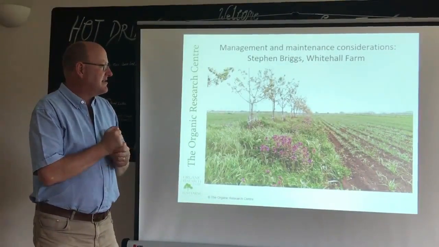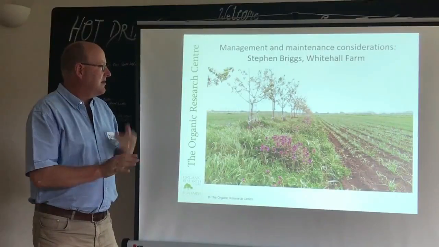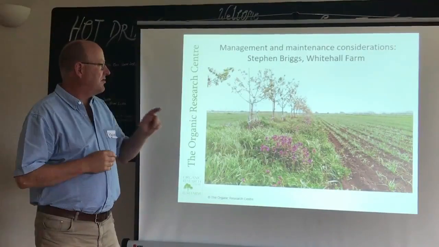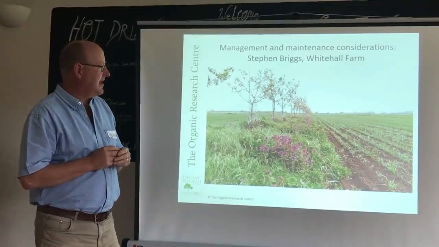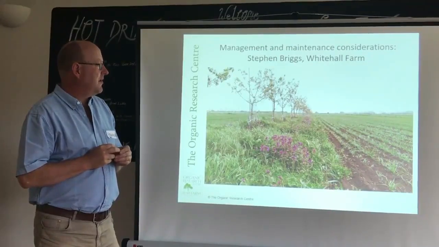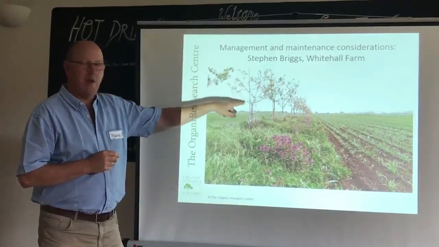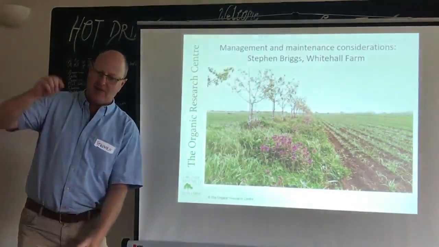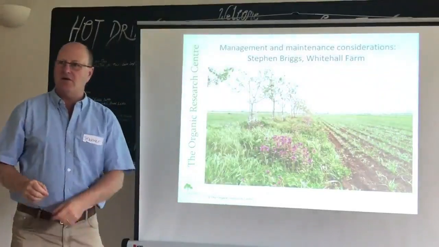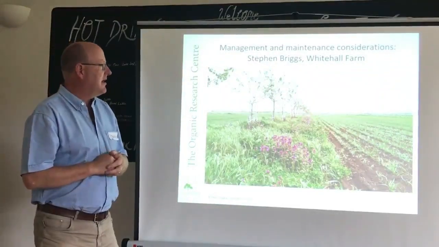I guess the next lesson or mistake. This picture is a couple of years old and the trees are a fair bit bigger now. They're 10 years old now. When they went in, they were literally a one metre, feathered maiden, about a metre tall, just with a few leaves on.